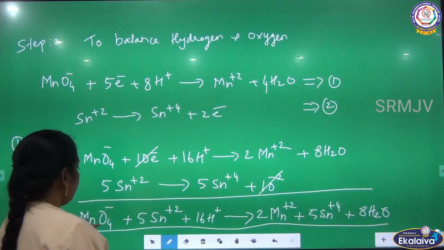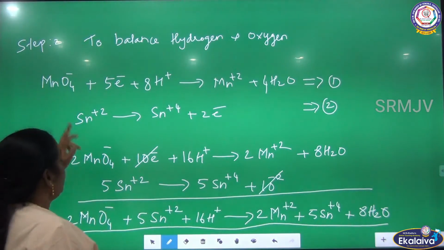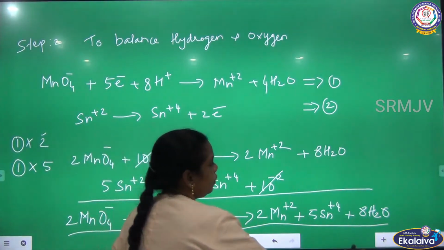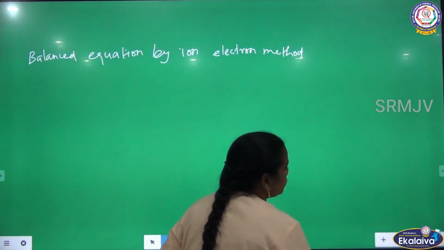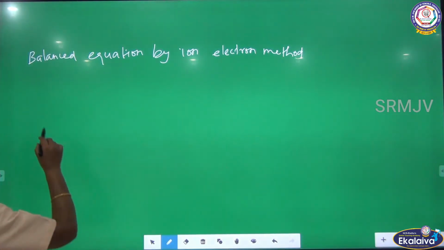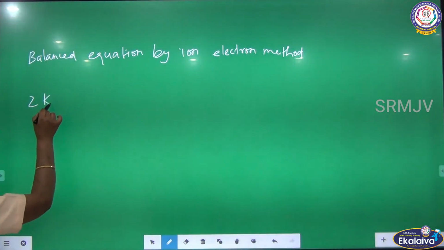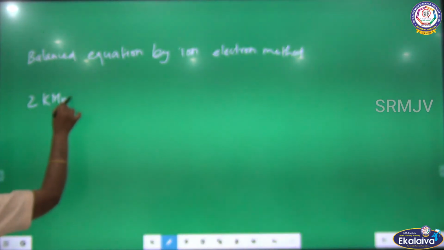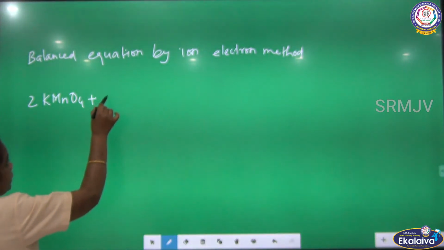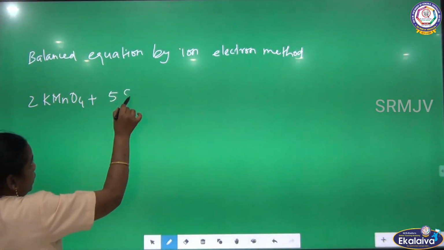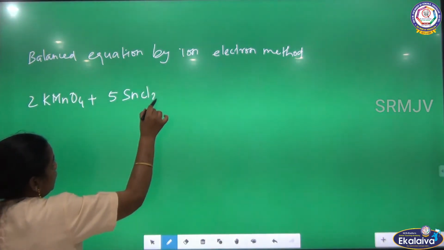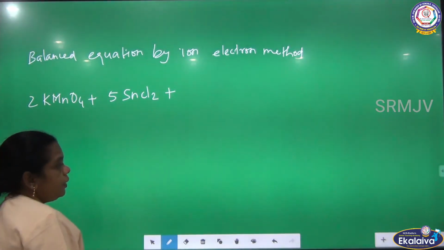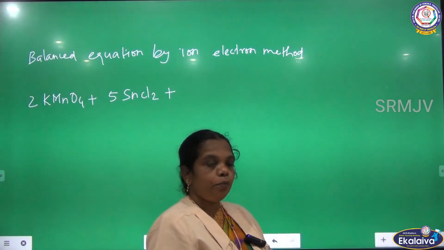Now you can see that 2 MnO4 means 2 KMnO4 plus 5 SnCl2 plus HCl. So HCl can be balanced by protons.